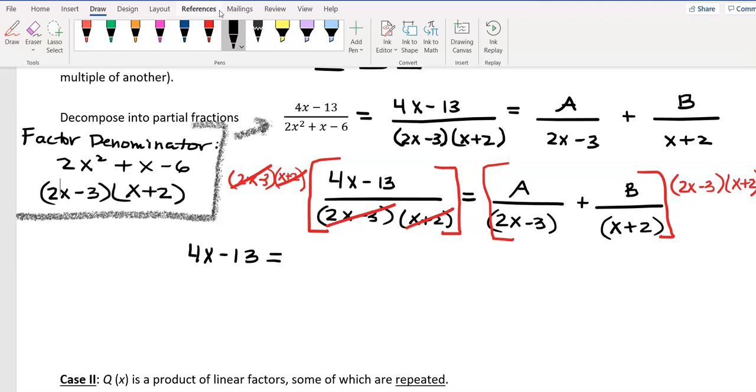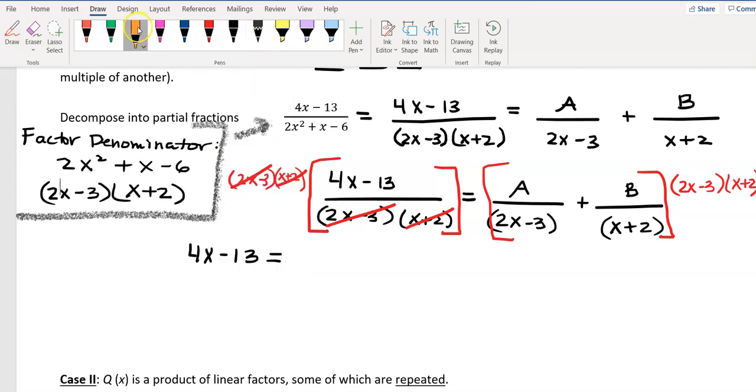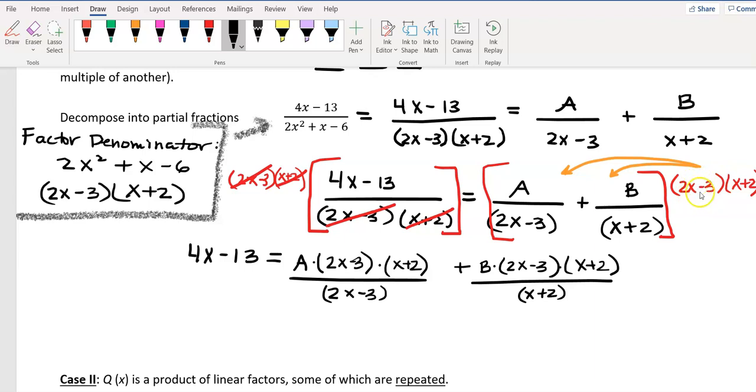Now, on the right-hand side, I'm going to do this first example really step by step so that you see why things cancel, but we're basically going to be taking each of these factors, and they're going to have to go into each of the fractions in our brackets. So what I did here is I took this 2x minus 3 factor and x plus 2 factor and multiplied it to both little mini fractions here.